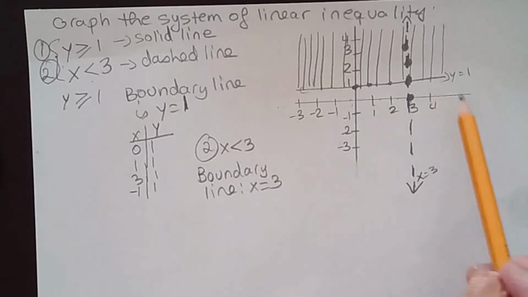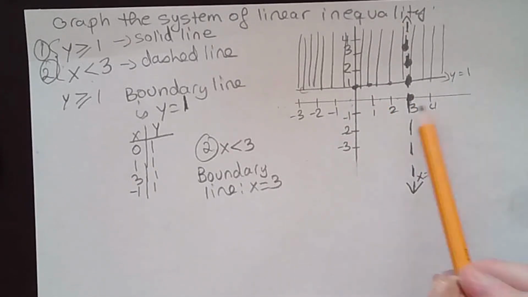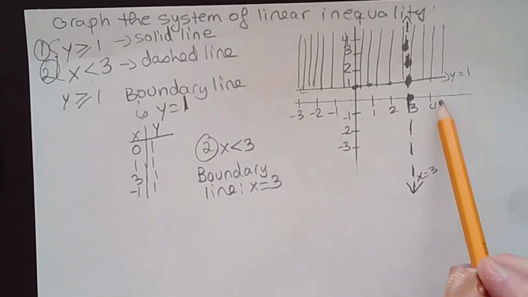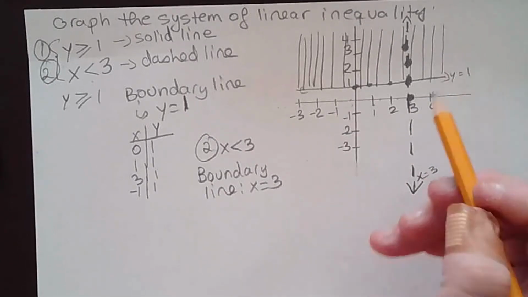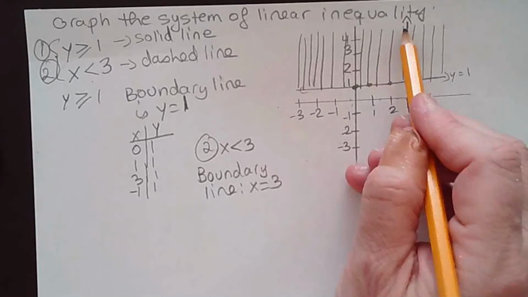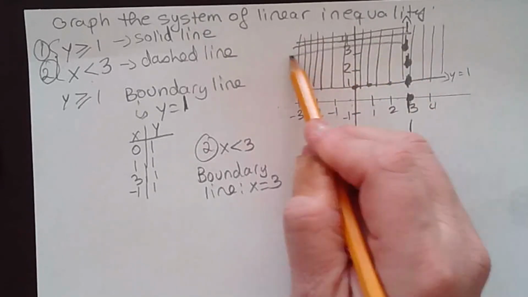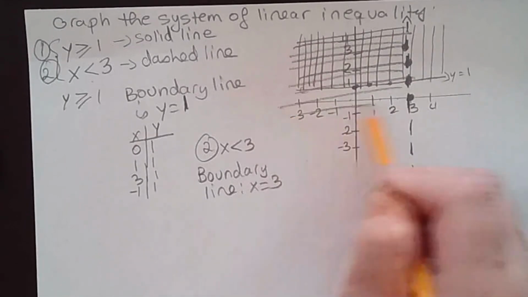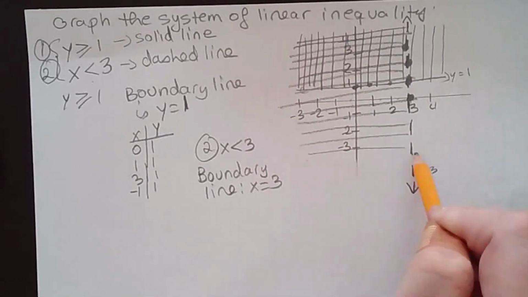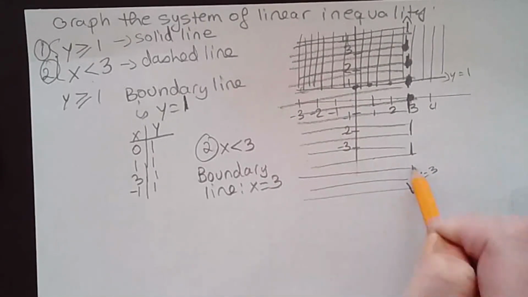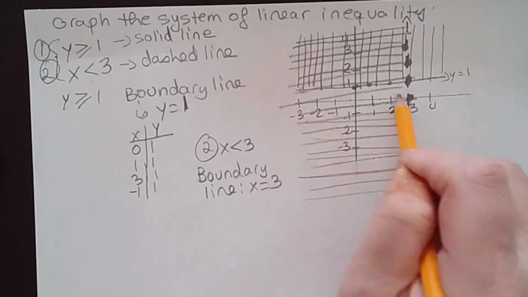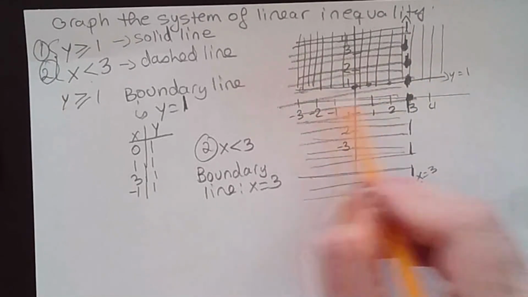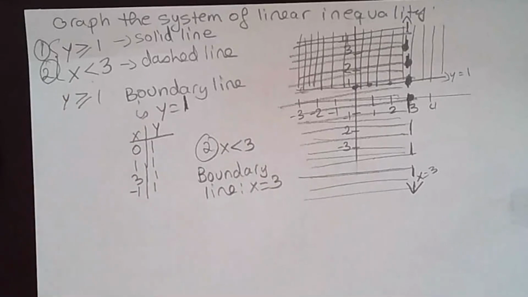And anything to the right of 3 on the x-axis would be greater than. So I'm going to have to shade the area to the left of the vertical line. So here is a solution for the second inequality.